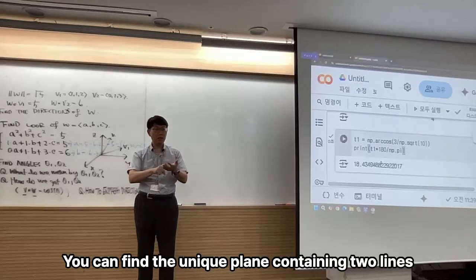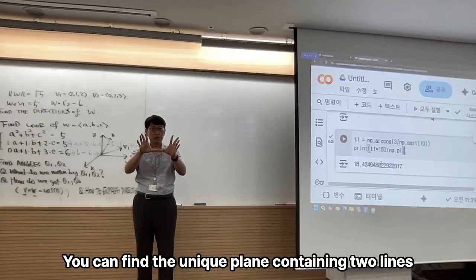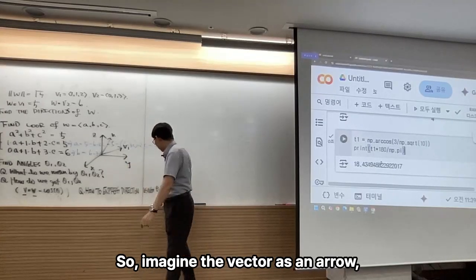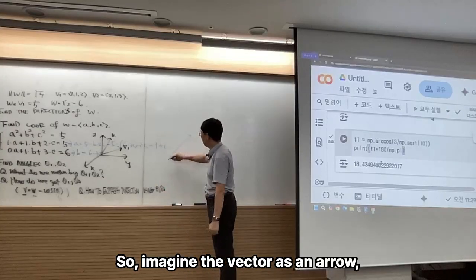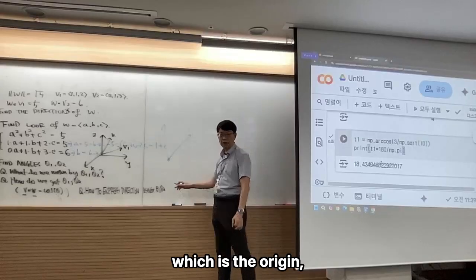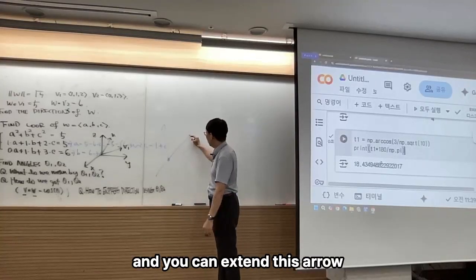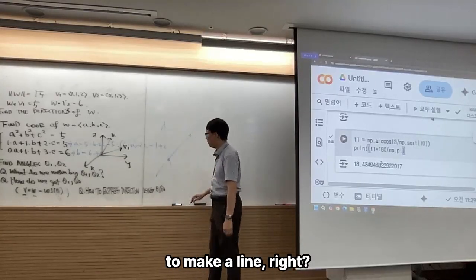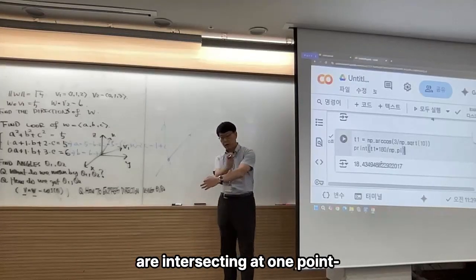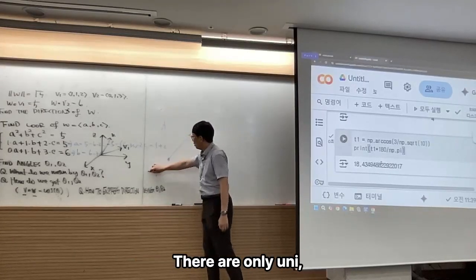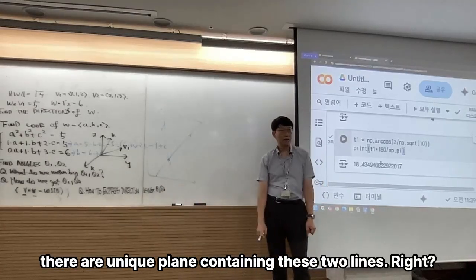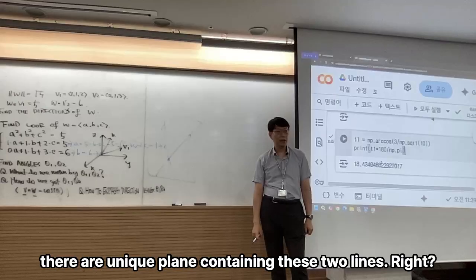You can find a unique plane containing two lines intersecting at one point. Imagine the vectors as arrows with the same starting point, let's say the origin, and you can extend each arrow to make a line. Since these two lines intersect at one point, there is a unique plane containing them.